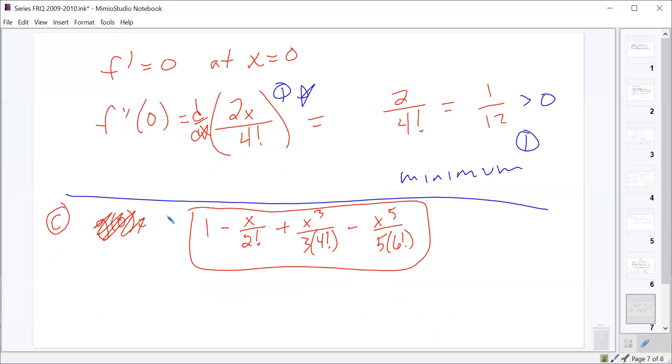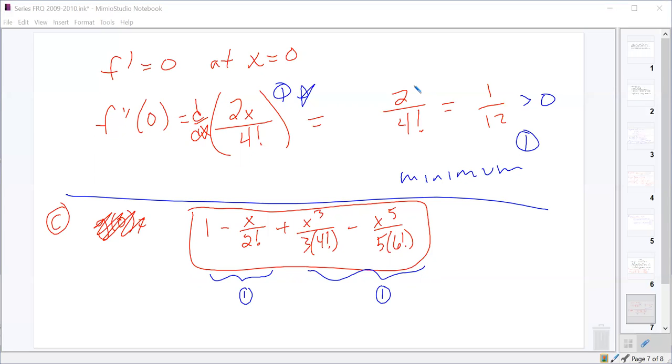Strangely enough, what they gave you points for here, if you had 2 correct terms, you got a point, and if you had the rest of the terms correct, they gave you another point. The 1 at the beginning comes from the 1 plus the integral, and then we just integrate our terms until we have a fifth degree polynomial.